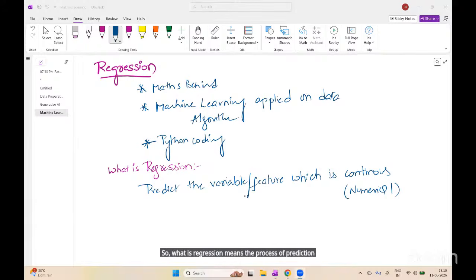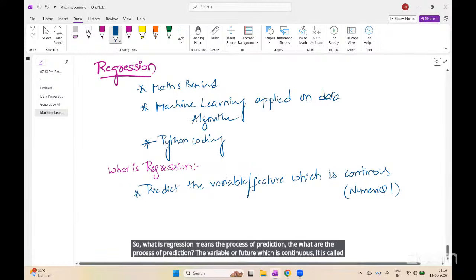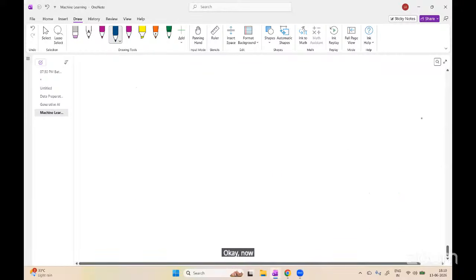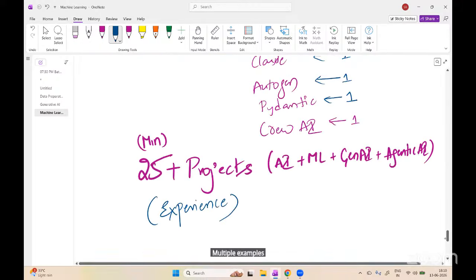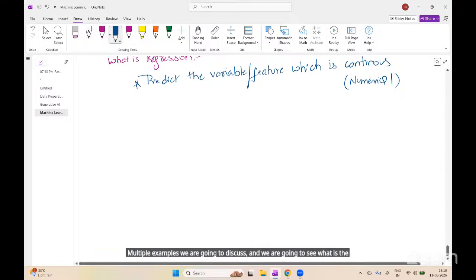What is the process of prediction? Predicting the variable or feature which is continuous is called a regression project. Multiple examples we are going to discuss, and we are going to see the maths behind that.